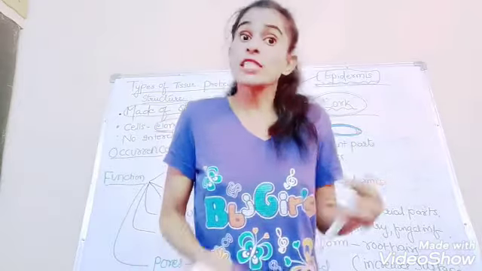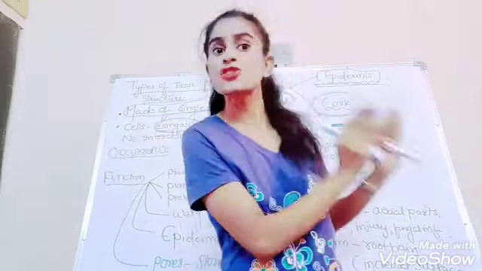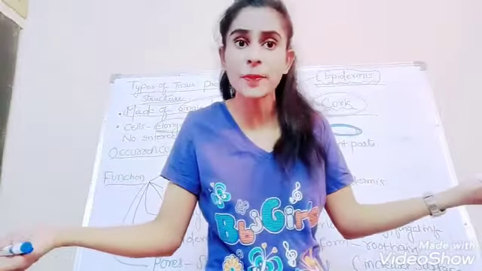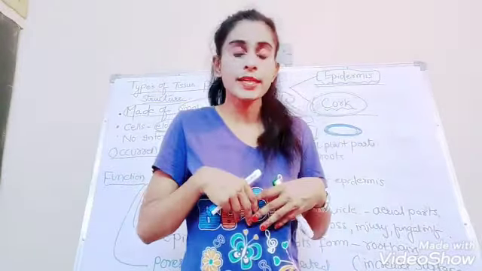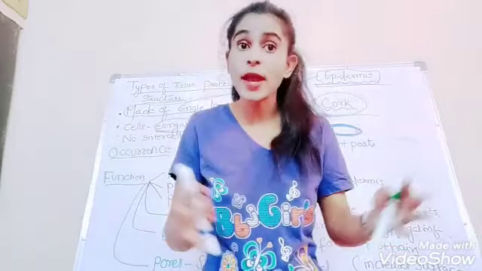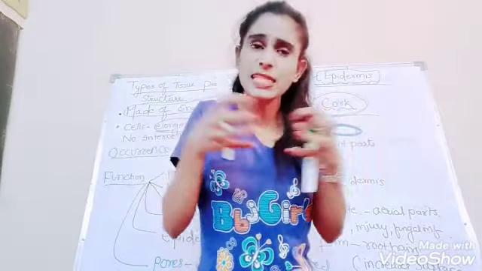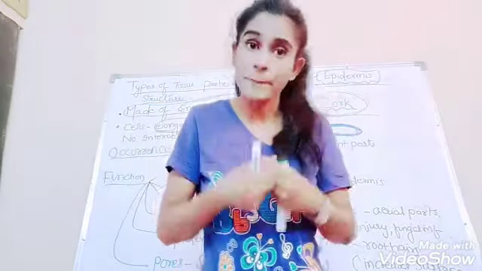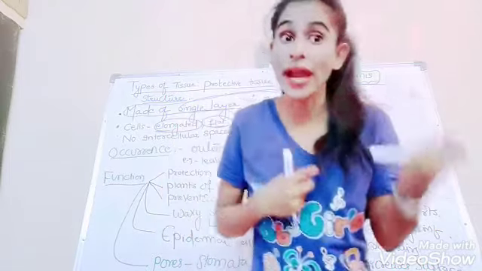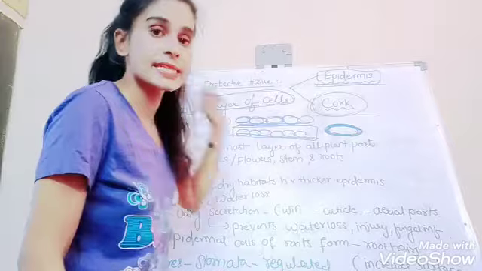If gaps were there, any material could come and get stuck in the spaces and harm the plant, and the epidermis doesn't want that. That's why all the cells of epidermis are tightly, compactly packed, to provide protection.